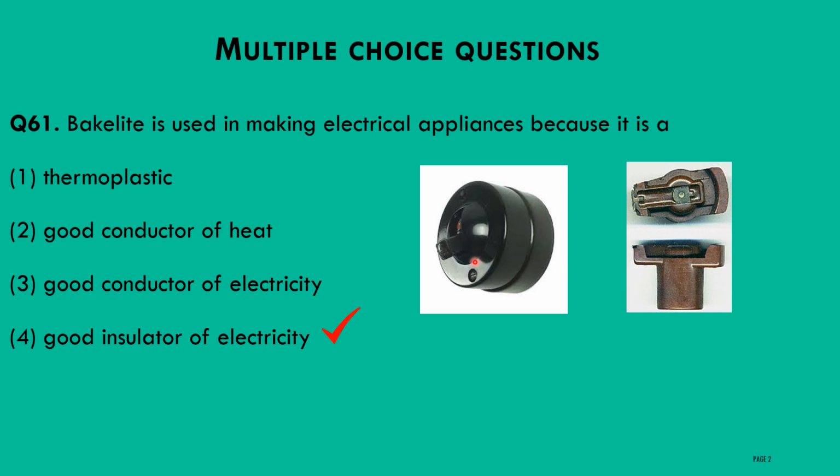When it is in solid or hard state, it will behave as an insulator. Even if you touch bakelite materials, you will not feel any heat and also you will not feel any shock. That is one of the important reasons bakelite is used to make electrical appliances.